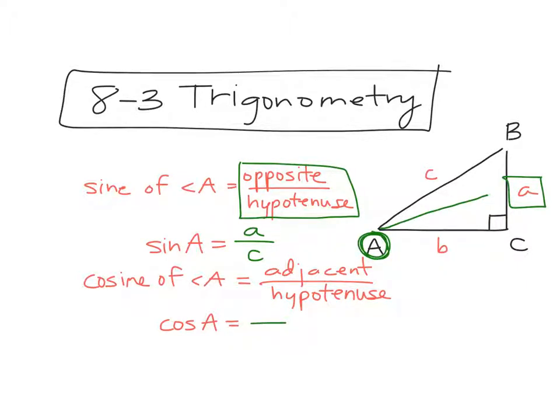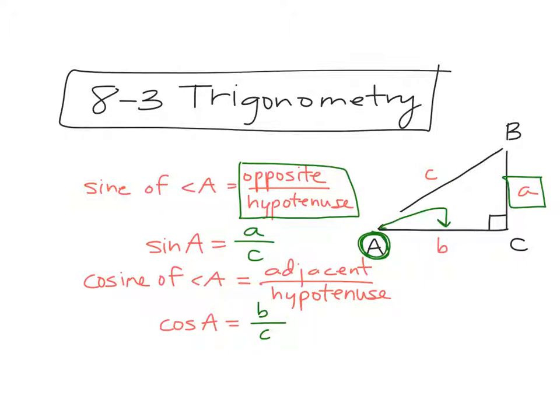Side b. Why not c? Isn't c next to A? That's the hypotenuse. It is next to A, but it's the hypotenuse, so you don't want the hypotenuse to be your adjacent. Adjacent, or next to angle A, is side b. And then it's over the hypotenuse. What's my hypotenuse right now? c. So cosine A is b over c.